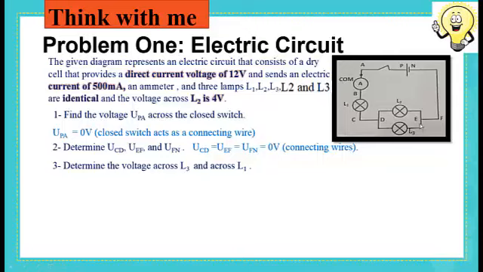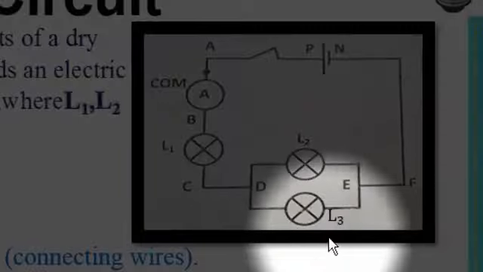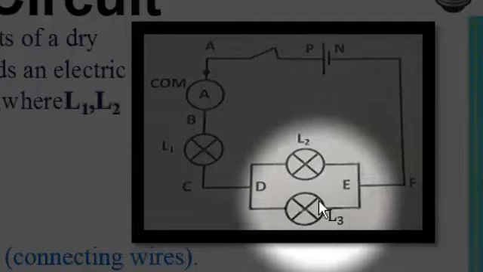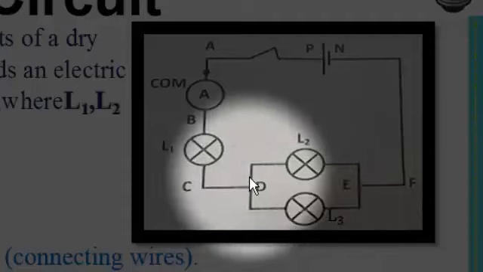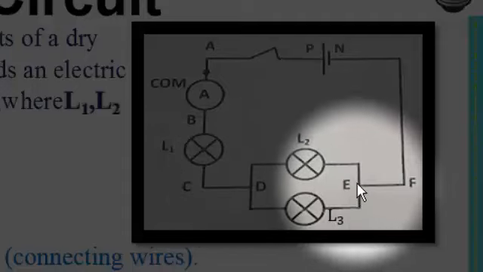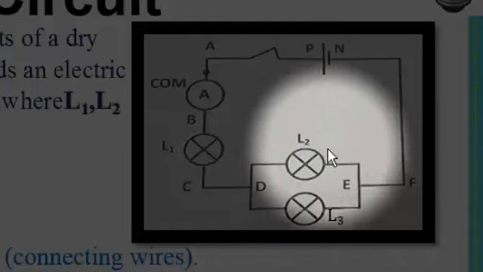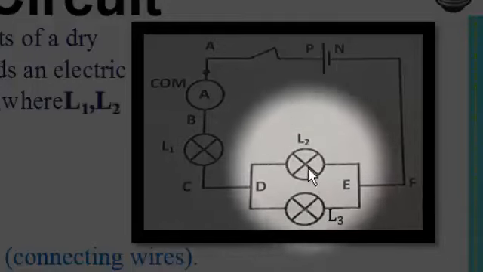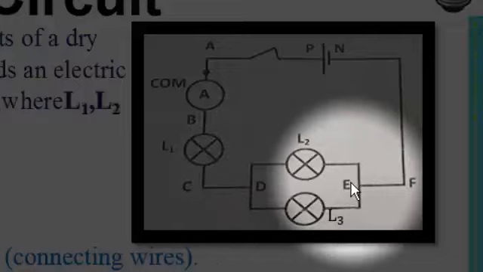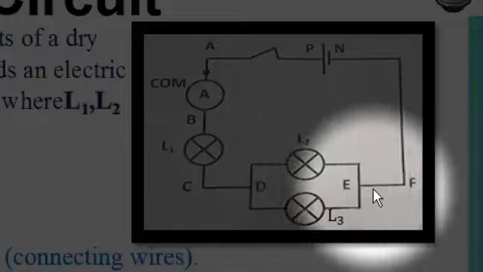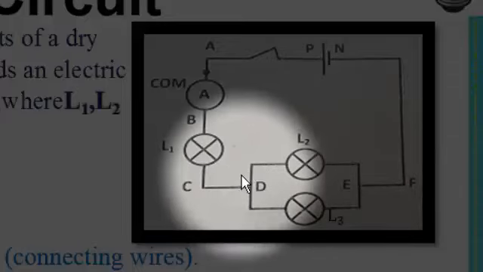Starting with lamp L3. If we check the terminals of this lamp, you will see that we are talking about the voltage UDE, which is the same for lamp L2, UDE. So these 2 lamps share the same terminals.